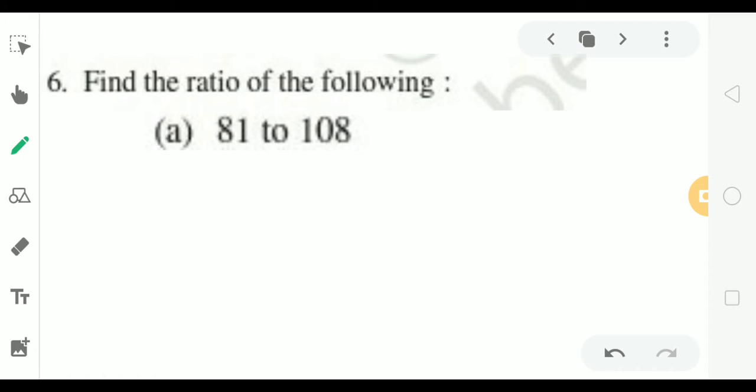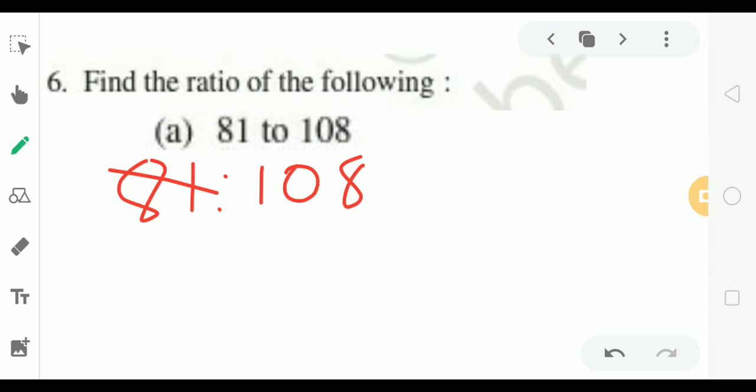Let's find some ratios. Here two numbers are there. We have to write their ratio in the lowest form. The first one, 81 and 108. So 81 is to 108. Here both numbers are divisible by the 9 table. 9 nines are 81. In 108, 9 in 10 one time, remainder 1, and 1 and 8, 18, 9 twos are 18.